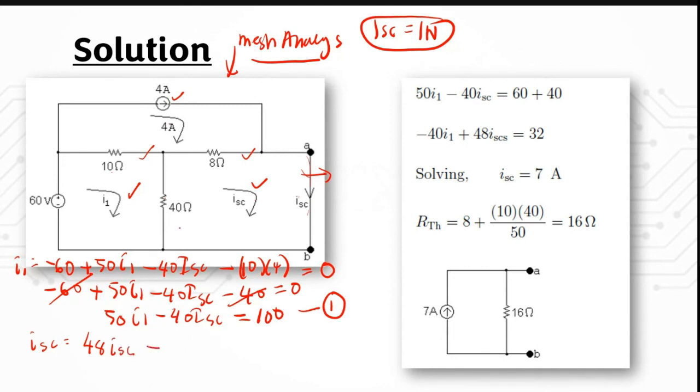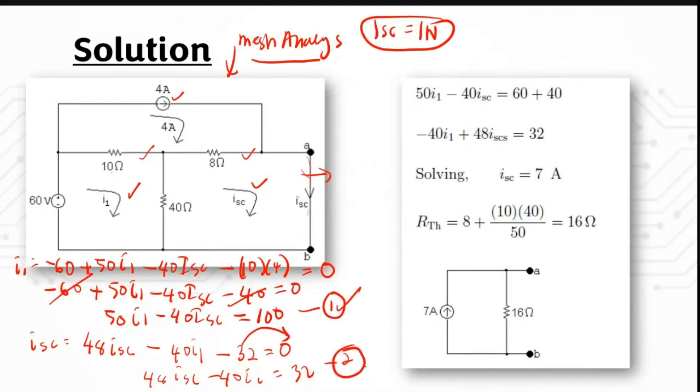And then minus 40 I1, and then minus 8 times 4, where you will have 32, equal to 0. So then you will have 48 ISC minus 40 I1 equal to 32, when you bring this 32 here. So you have these two equations.